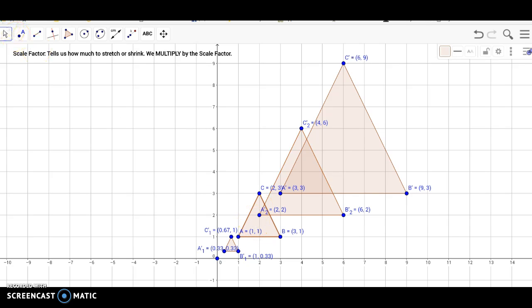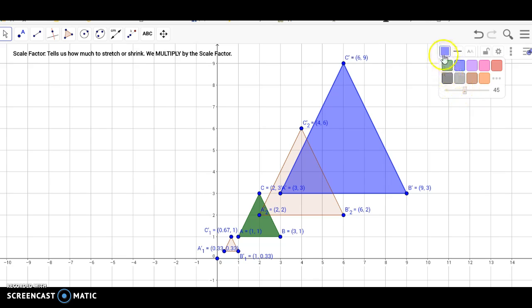So we have our original pre-image. I like green, so my pre-image is going to be green. Then I want to make my second image blue. Let's leave this third image transparent, but let's make it that color blue.